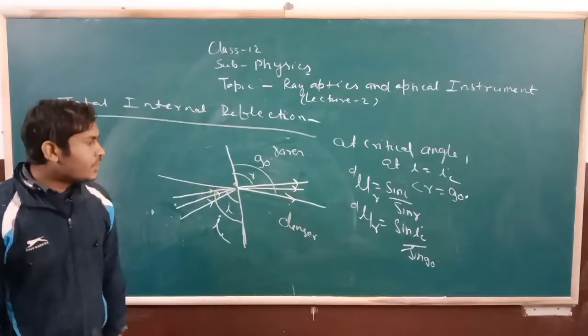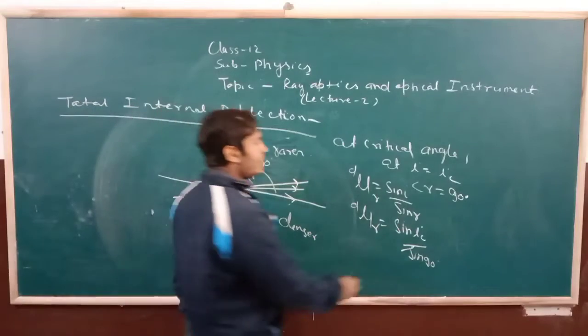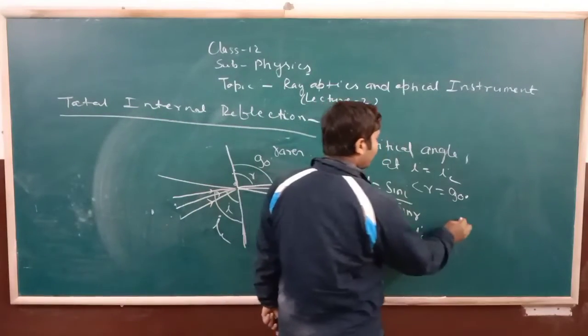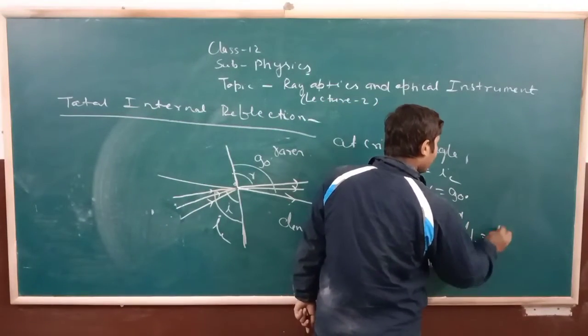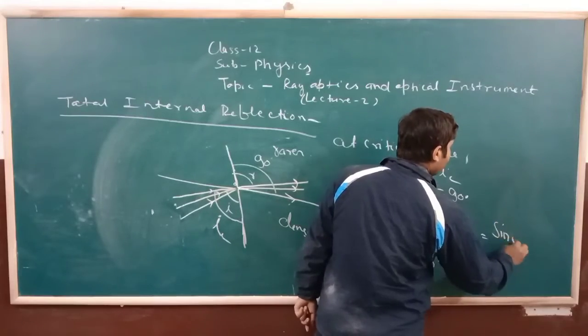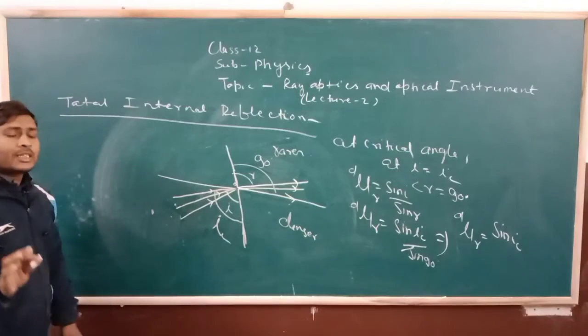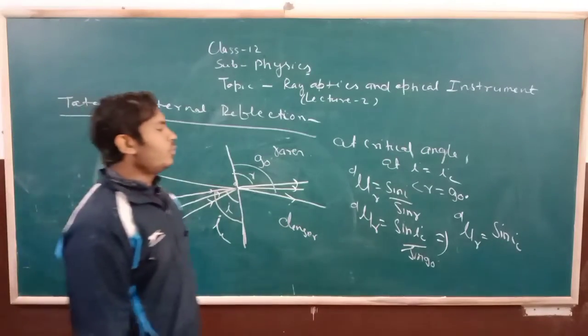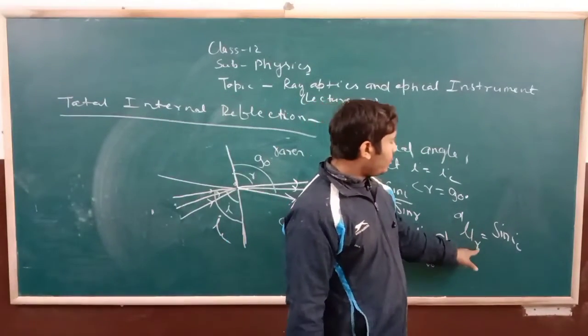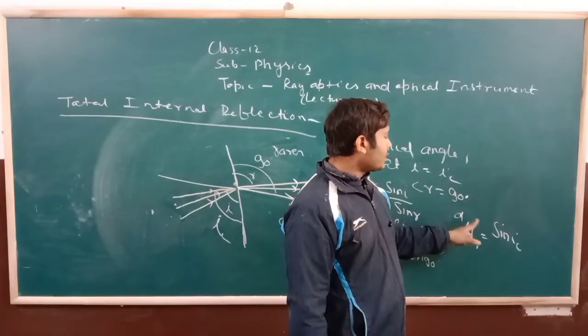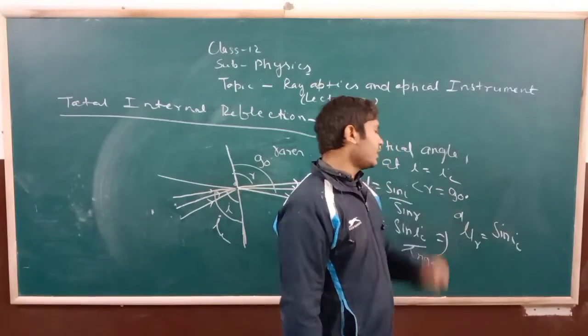What is the value of sin 90 degrees? The value of sin 90 degrees is 1. So from here we get D mu R is equal to sin IC. Means the refractive index of rarer medium with respect to denser is equal to sin IC.